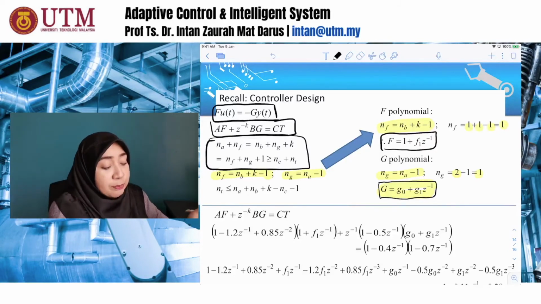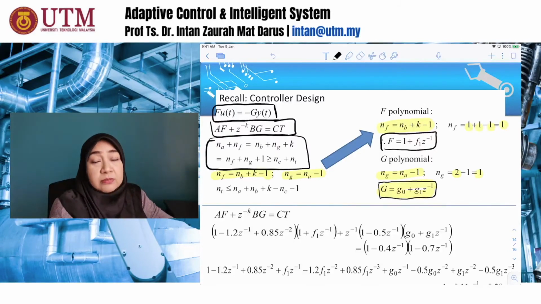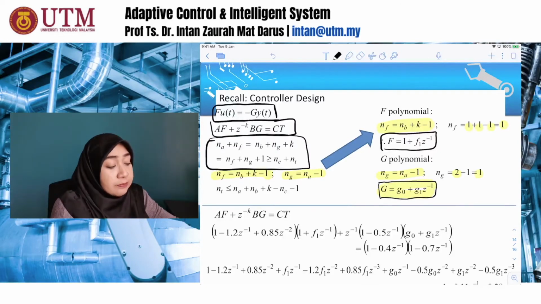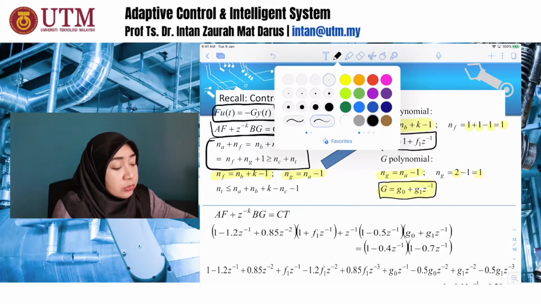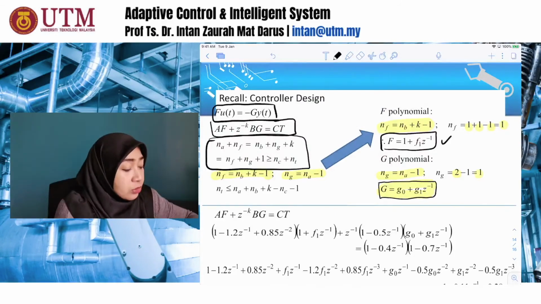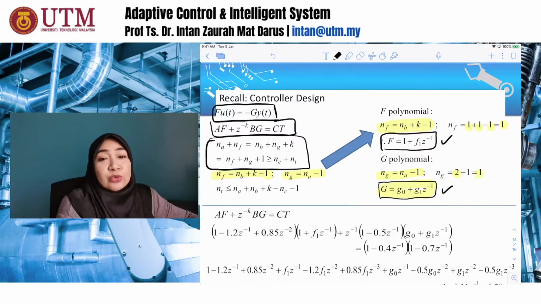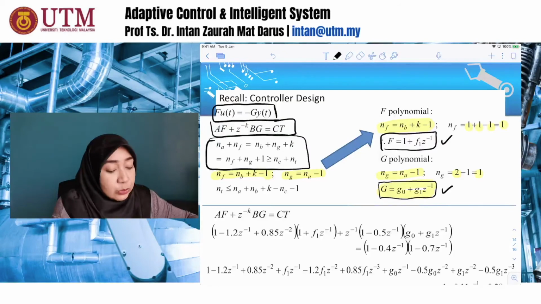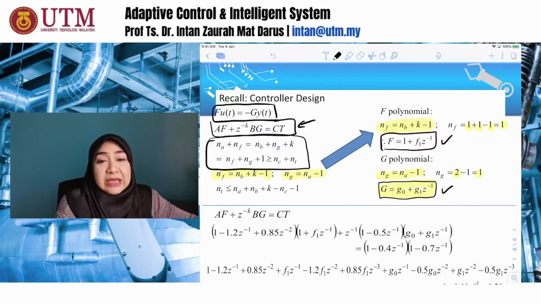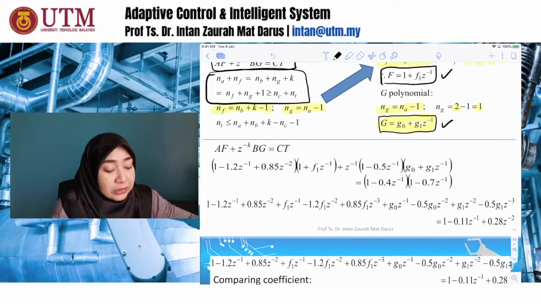Then we put all these equations, your F and your controller G, into your design rules equation, which is AF plus z minus k BG equals CT. So I'll put all the polynomials into this equation.